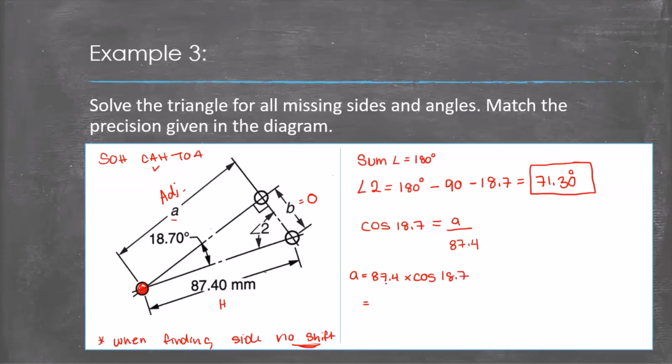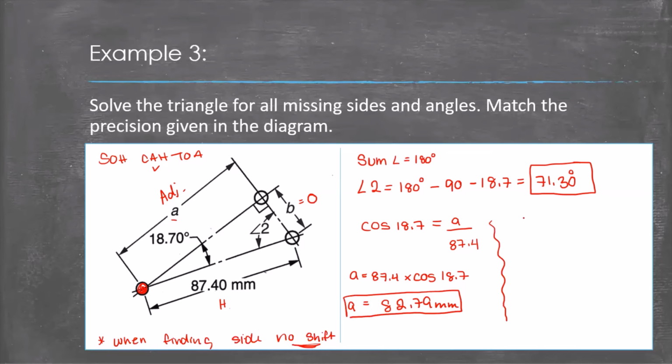So 87.4 times, and then you'll do that 18.7 and press cosine if you're doing it all in one step. What you should get for your answer is 82.79 millimeters. Not too hard to solve. That's our A.